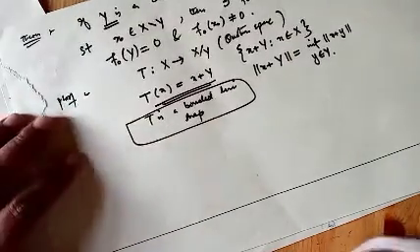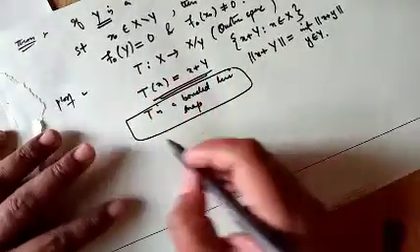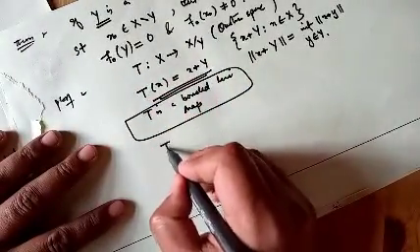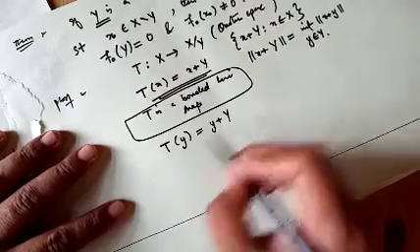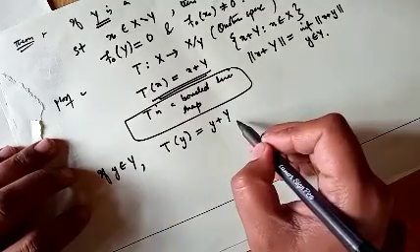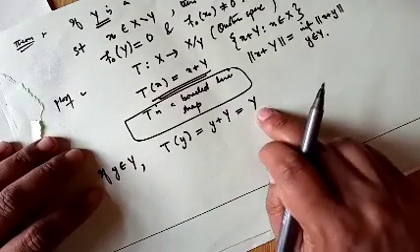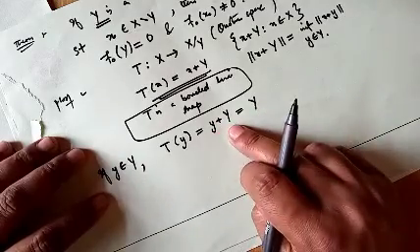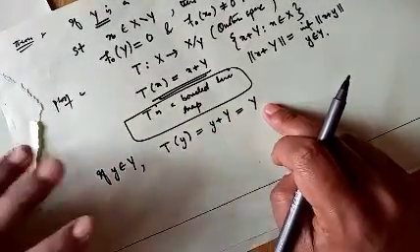Now look at this map. If I take T of y, where y belongs to this subspace Y, T of y is y + Y. That's equal to Y, just a simple algebraic thing.